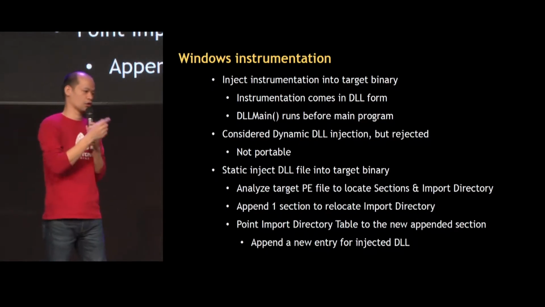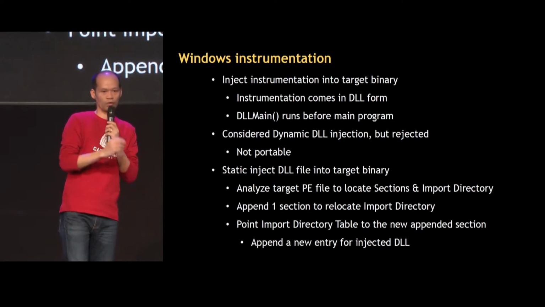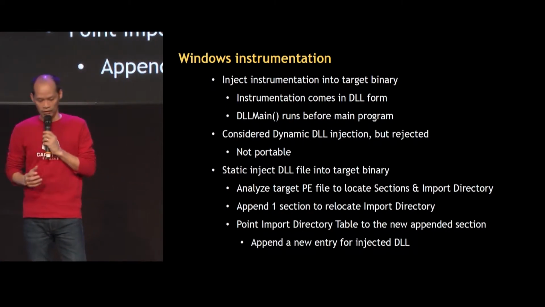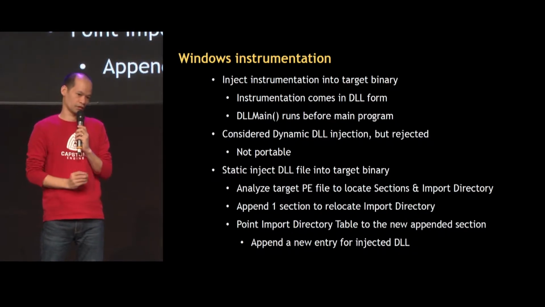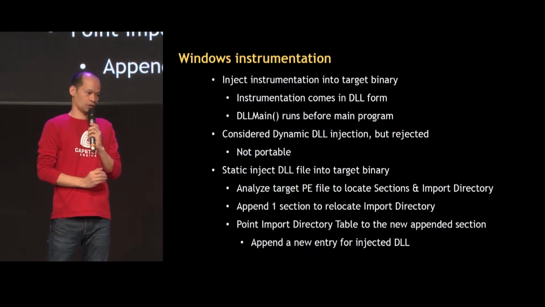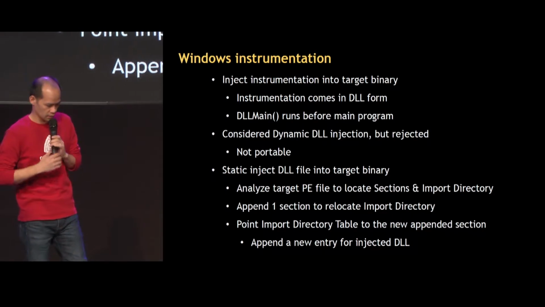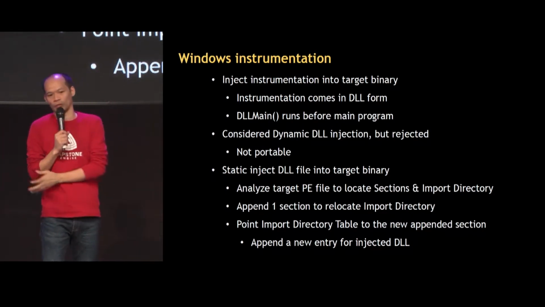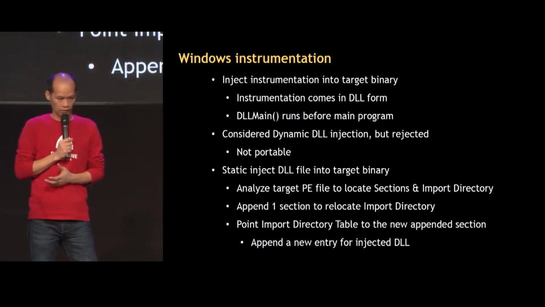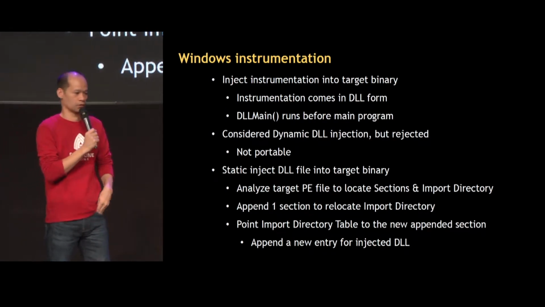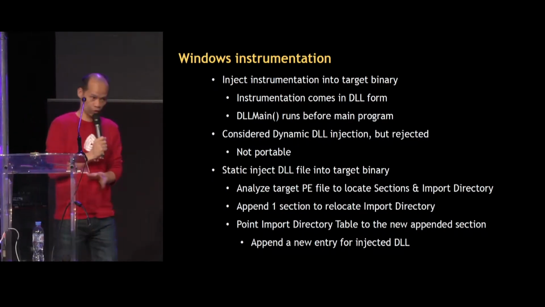We point the original import directory to the new section, and in this new section we add one more DLL. So actually we modify the original program just to add one section and put one entry for our Darko instrumentation there. So when it runs, it automatically loads Darko.dll, and after that, everything is going well. We find that this way works very well.